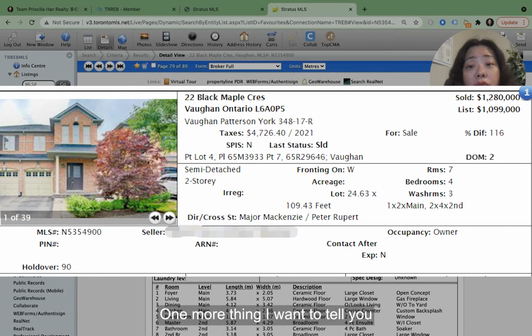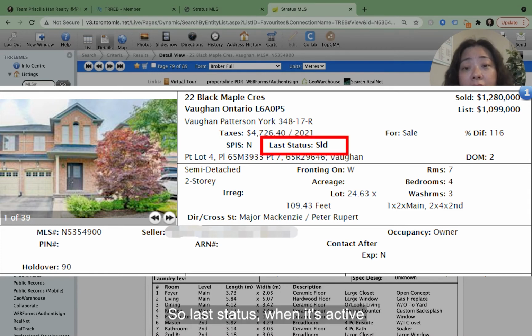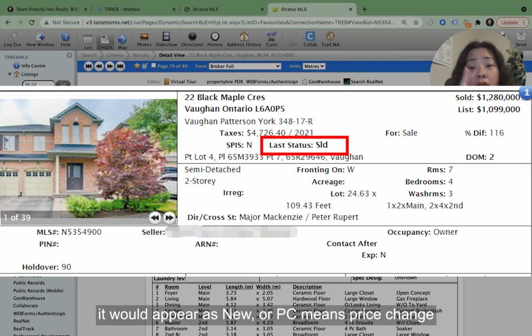One more thing I want to tell you. Here we have one thing called last status. When it's active, it would appear as new, or PC, which means price change. And if it's sold conditional, it will be marked as SC. Sold conditional means that this property is sold, but there are still a couple of conditions outstanding, such as a financing condition or inspection condition.